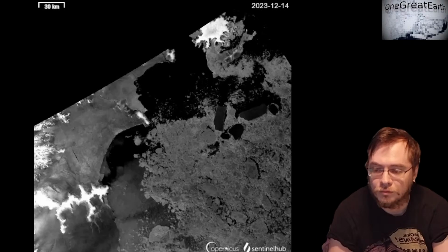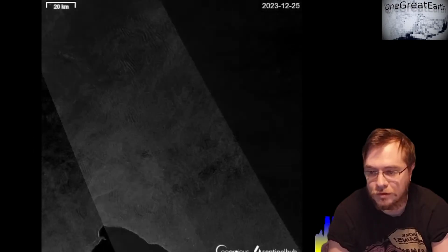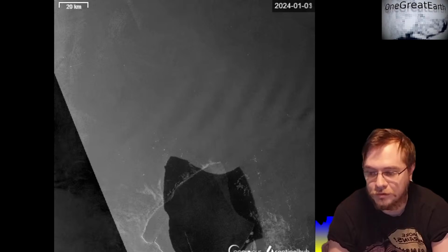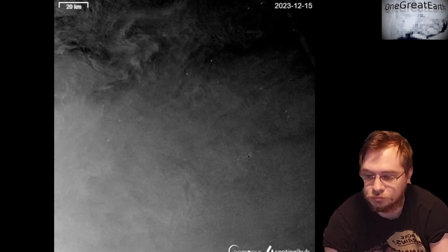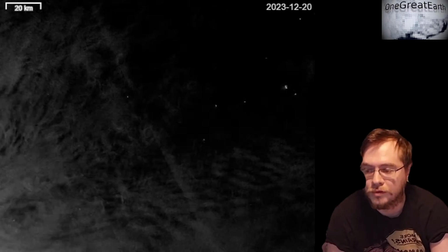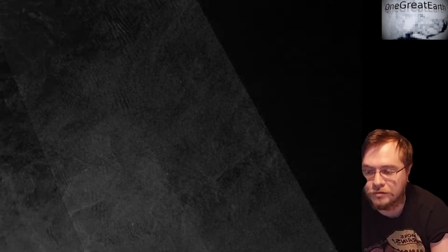So dramatic. Let's see, I have another scan to show. This is of iceberg A23A. Let's pump the brakes. This is off of the South Georgian Islands.